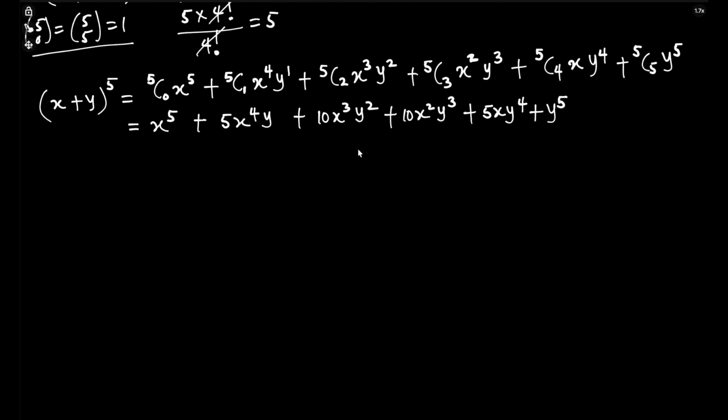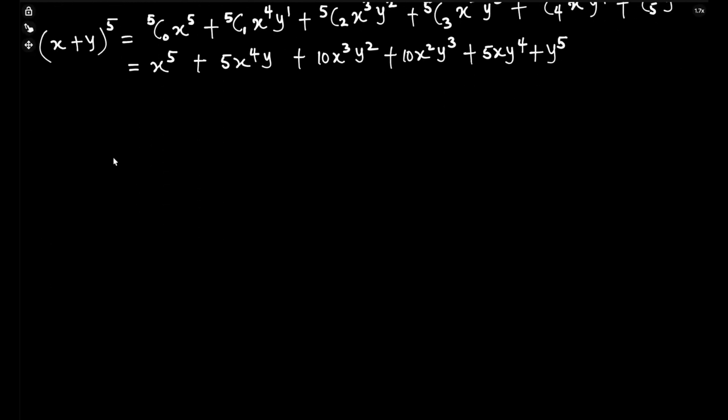Now let's pick one more example. Let's say you have 2 plus x raised to the power of 7. The first thing is to write out all the possible combinations that you can have.